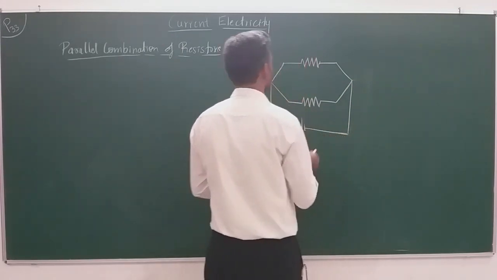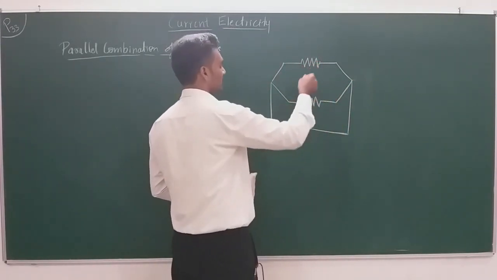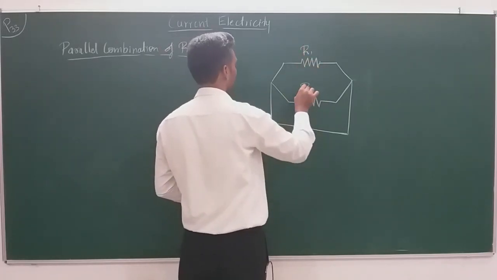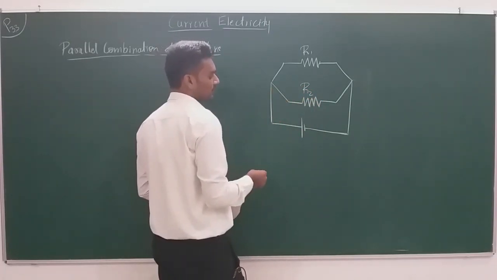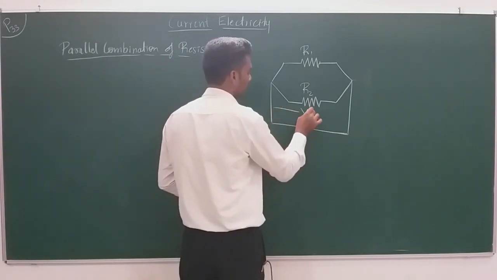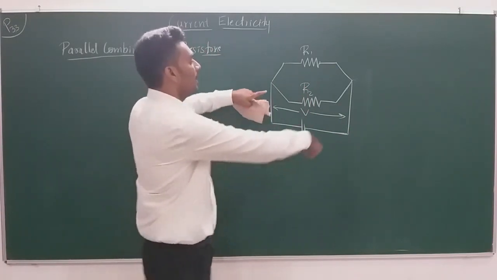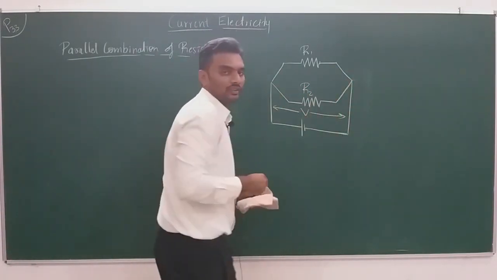Right. Let the resistance of resistors considered here be R1 and R2 again, and they are connected in parallel as shown in the figure with a battery of V volts connected to it, which means the potential difference across both the resistors now is V volts itself.